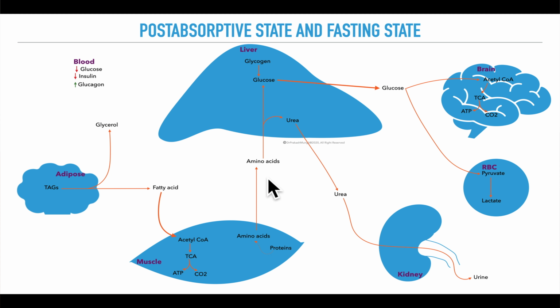So, the alanine and glutamine get out of the skeletal muscle into the blood, are taken up by the liver, and in the liver the carbon part of alanine and glutamine is converted to glucose, whereas the nitrogen part of the amino acid is converted to urea, and the urea is secreted out of the liver. It is taken up by the kidney, and the kidney excretes that urea in the urine.